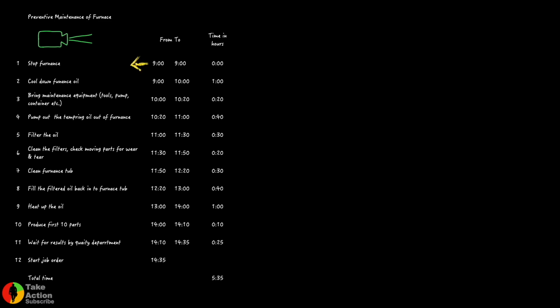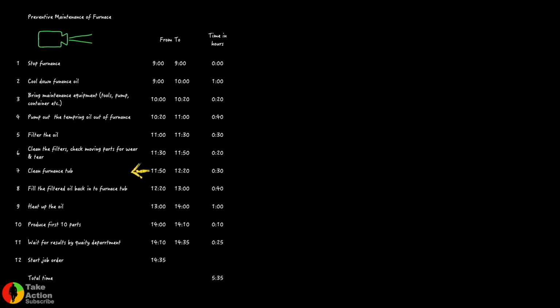The furnace is being stopped, activity number 1. Activity number 2, we are waiting for the oil of the furnace to cool down so that it comes to room temperature. Activity number 3 is that the maintenance guy is collecting the equipment. Activity number 4 is that we are pumping the tempering oil out of the furnace. Activity number 5, we are filtering that oil. Activity number 6 is that we clean the filters and inspect the moving parts for any wear and tear.